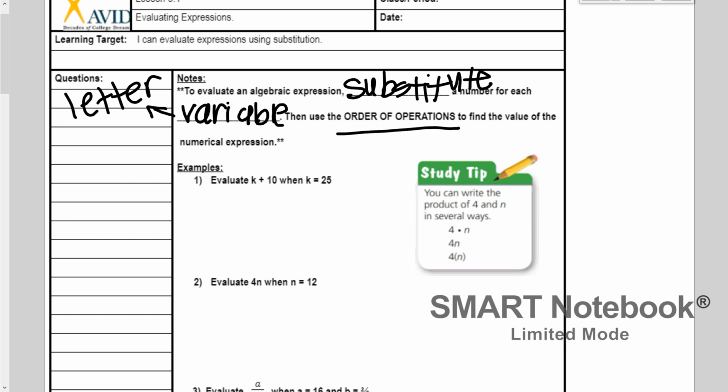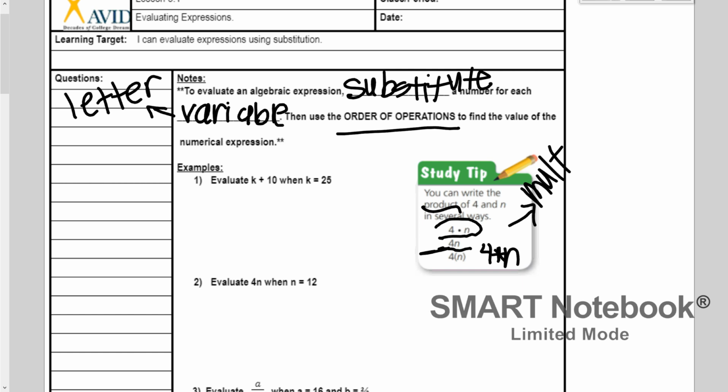Now let's remember all the different ways that we can write multiplication. Remember, a product is multiplication. A number next to a letter, like 4n, means 4 times n. We can also sometimes use dots for multiplication, so this would mean 4 times n as well. We can use stars like we do in class. And then also parentheses.